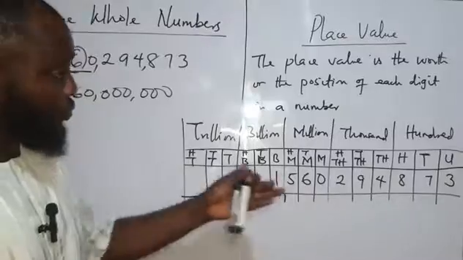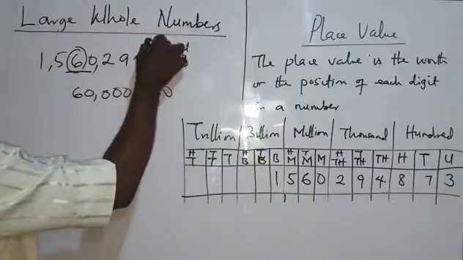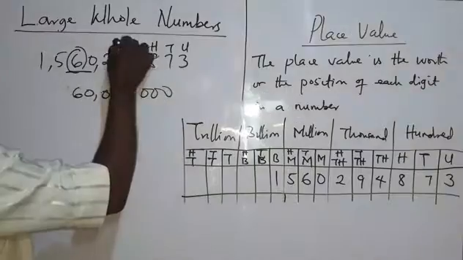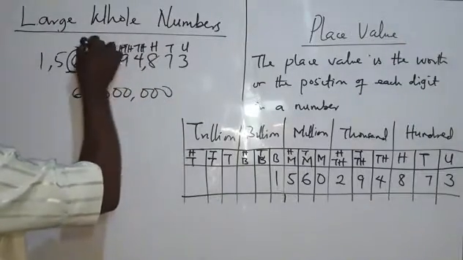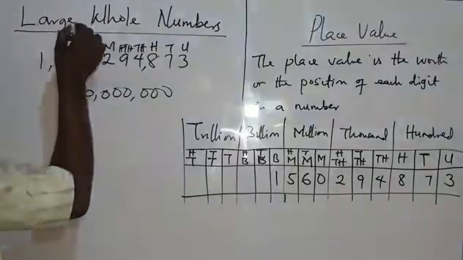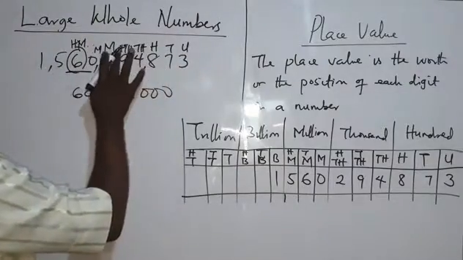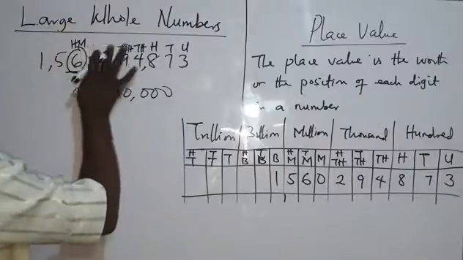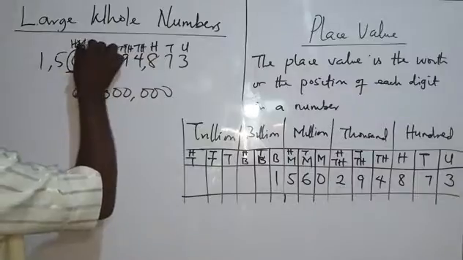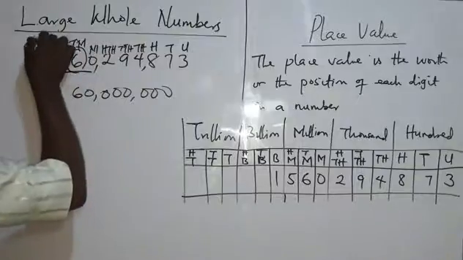It's not necessary that you should use the table. You can write the number and start putting unit, tens, hundred, thousand, then tens of thousands, hundreds of thousands, then million, tens of million, hundreds of million, then billion.